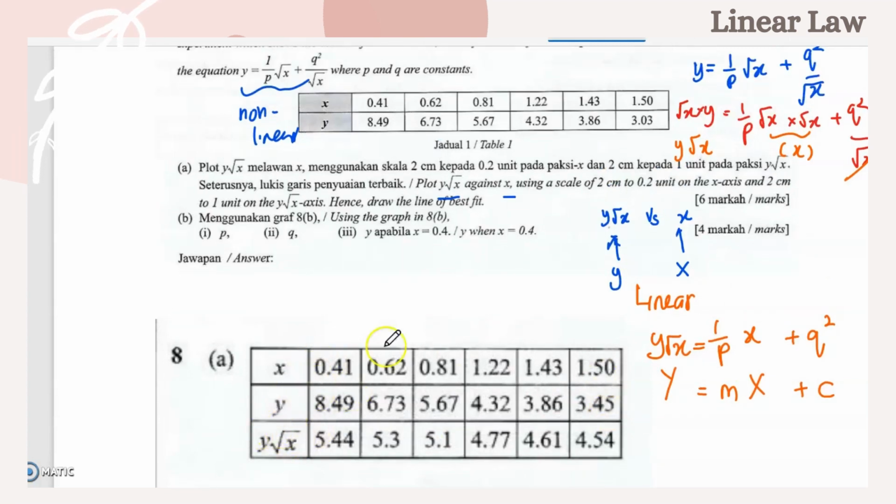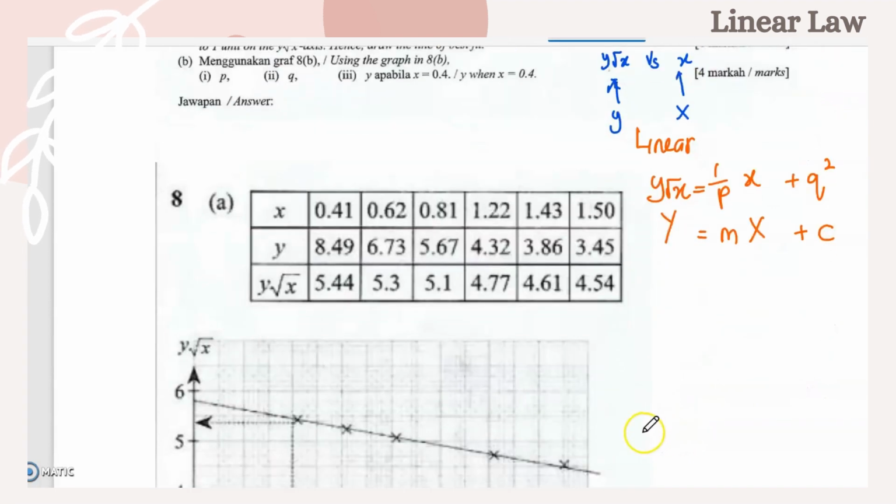Ini yang original, so you add another row. Then you calculate y times square root of x. You are advised to leave the readings in 2 decimal places. Since we want to plot on the graph, it is reasonable to use 2 decimal places.